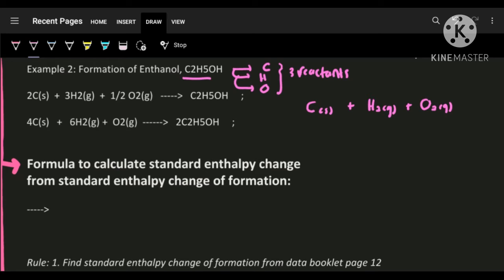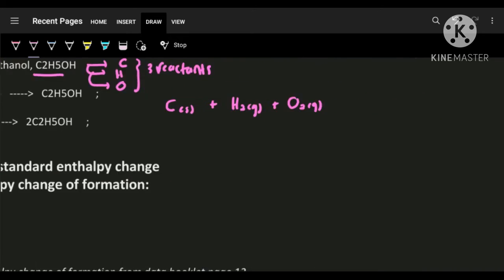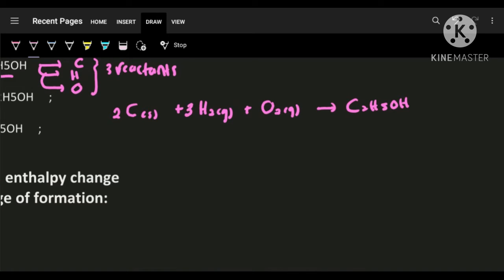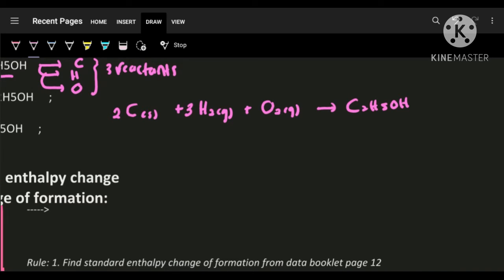We cannot write O, because oxygen is a gas at standard condition. The product is ethanol, C2H5OH, and balance the equation: 2, 3, and 1/2.